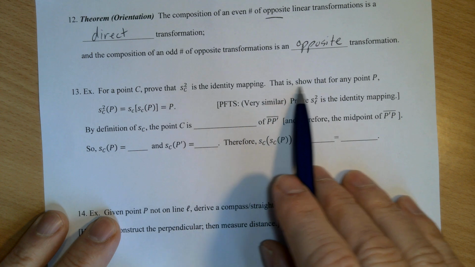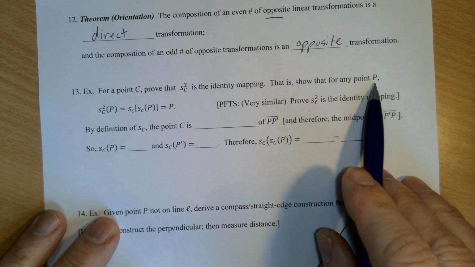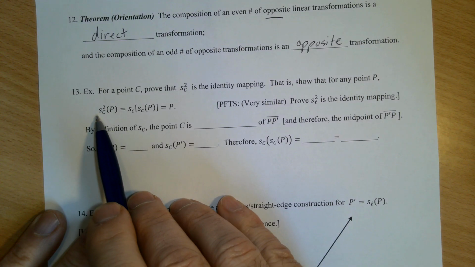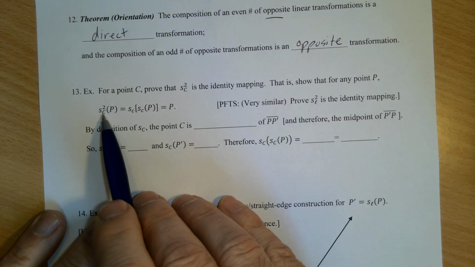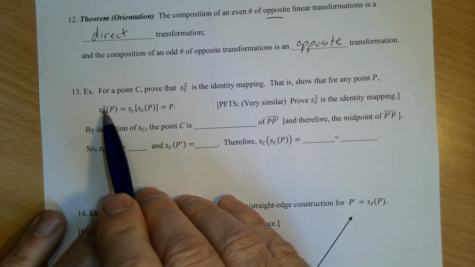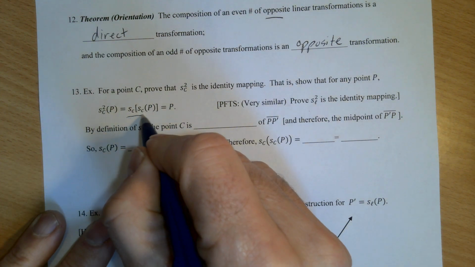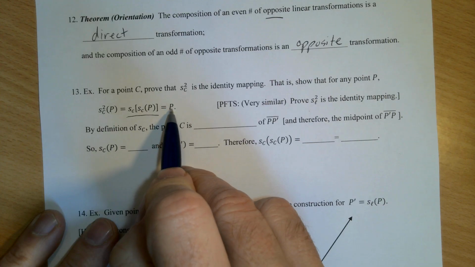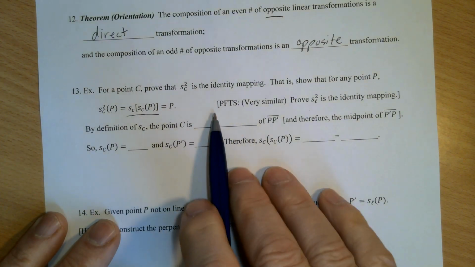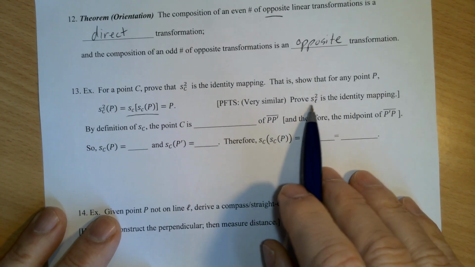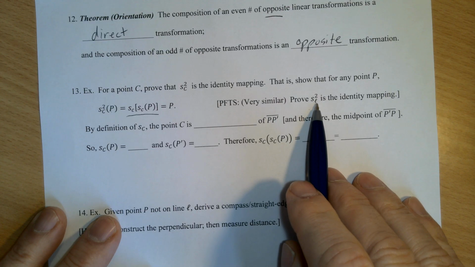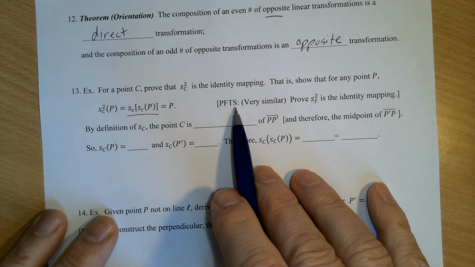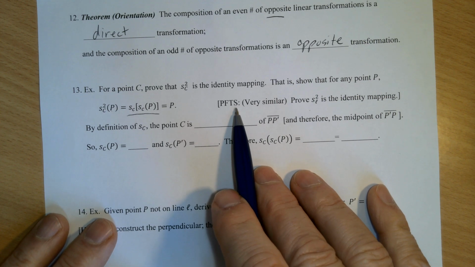That is, show that for any point P, if you apply the reflection transformation twice, which looks like this, you get exactly what you plugged into it. Same point. Just as a note, a very similar proof would be if you're reflecting about a line. It's also the identity mapping, very similar proof, and a problem for the student could be a test question.